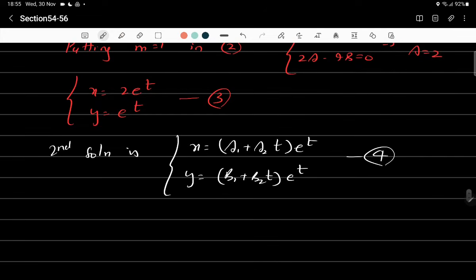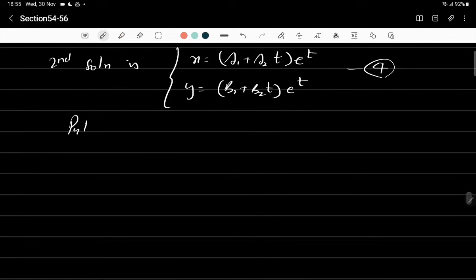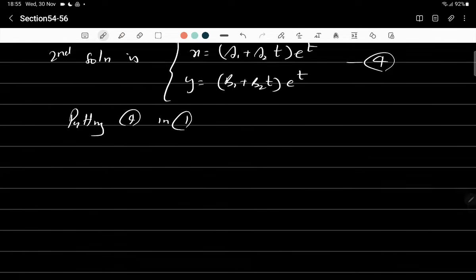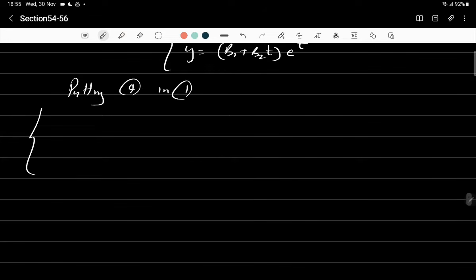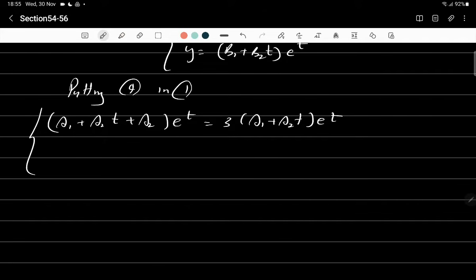Yes, so putting 4 in 1, so put 4 in 1 and see what you are getting. You will get the system of equations: e raised to the power t is 3(a1 plus a2t) e raised to the power t minus 4(b1 plus b2t) e raised to the power t.